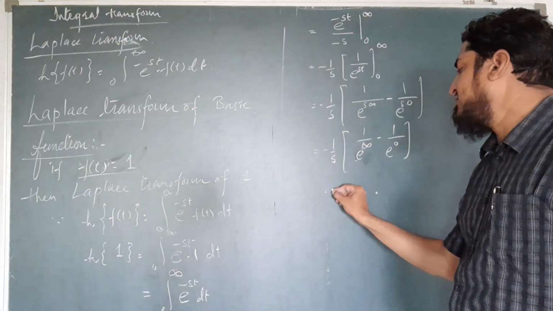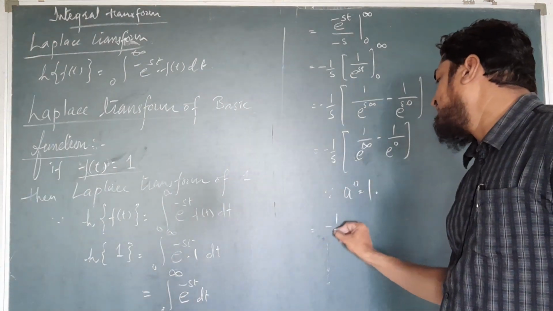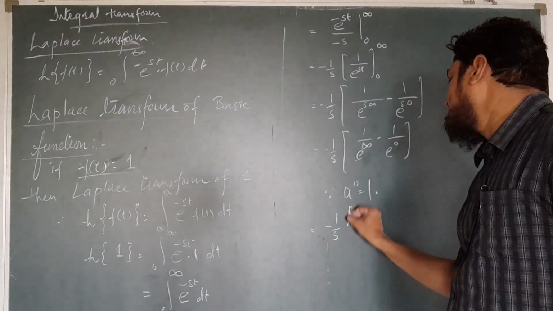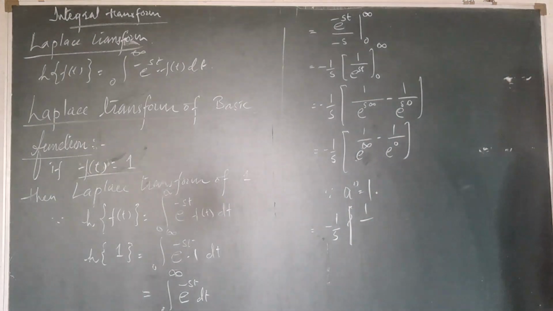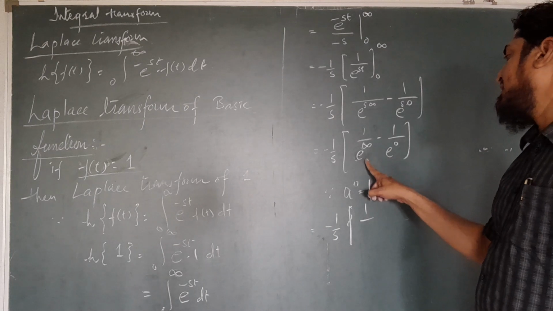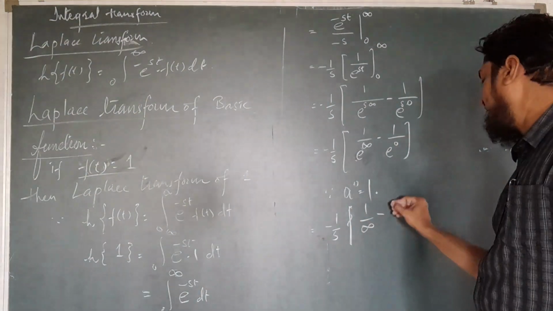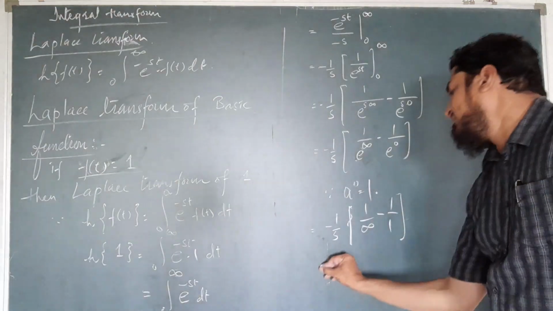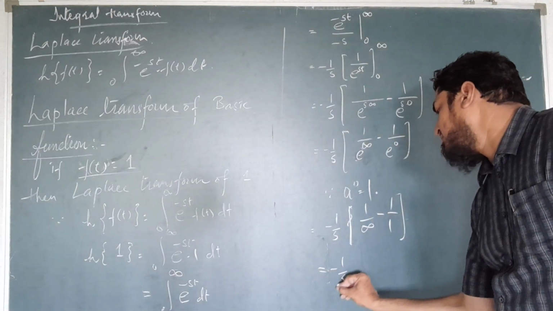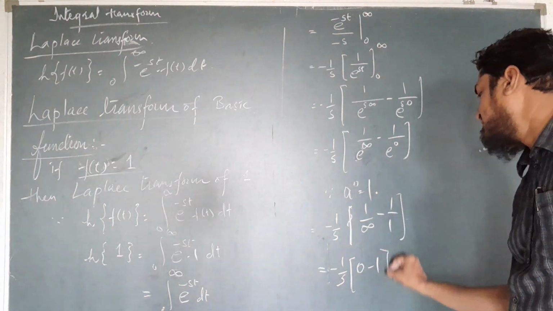Correct? And since we know that a raised to 0 is equal to 1, we will get 1 upon s, 1 upon, we know that the value of e is 2.71 something, then the power of that number will give us infinity, and e raised to 0 means 1, so 1 upon infinity becomes 0, and minus 1 upon 1 as it is.